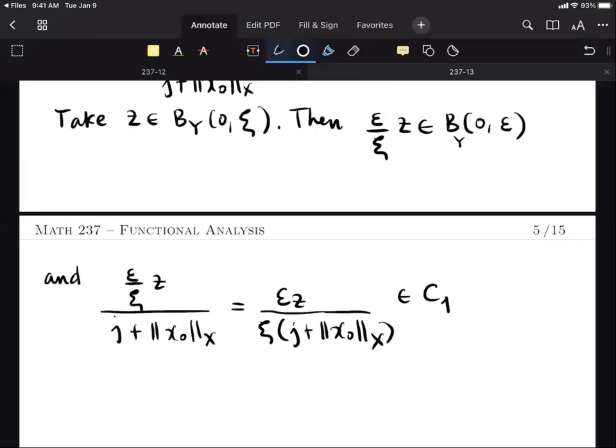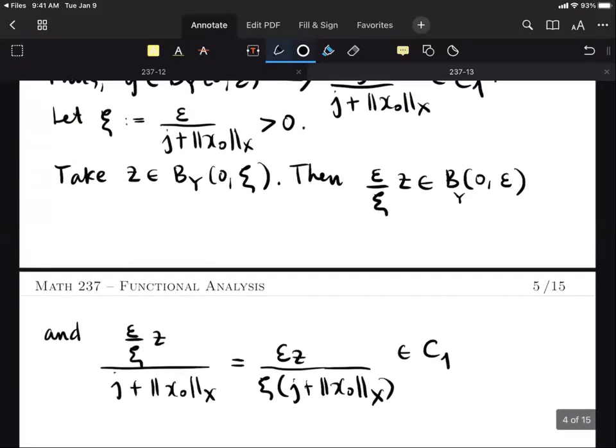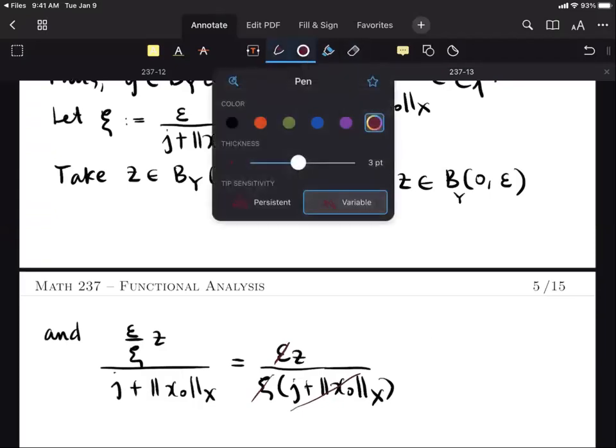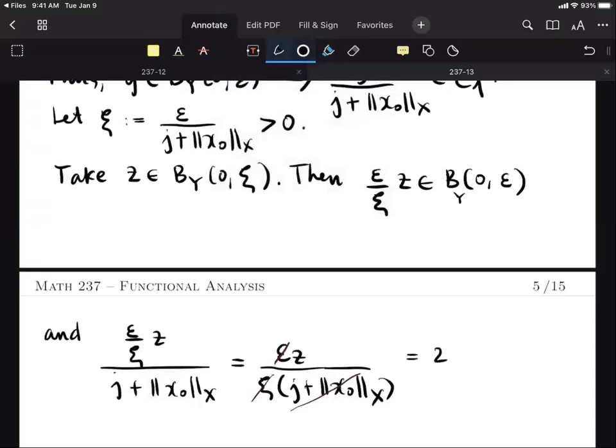The way xi is chosen was that this is a reciprocal of xi. So therefore, this is the same as z, which is in C1.